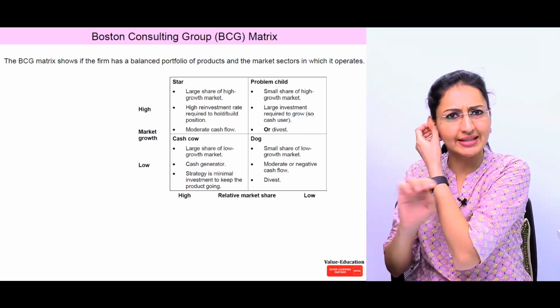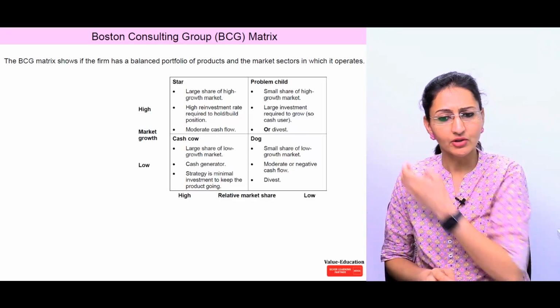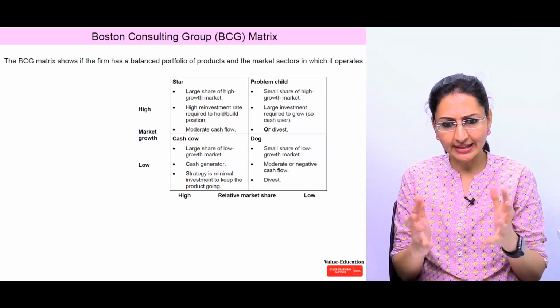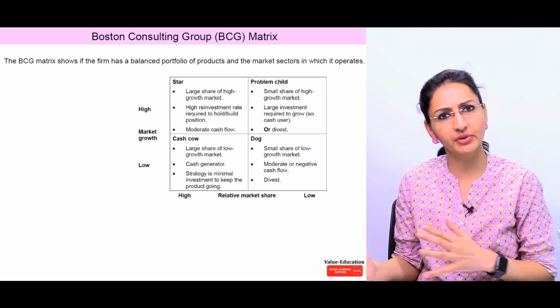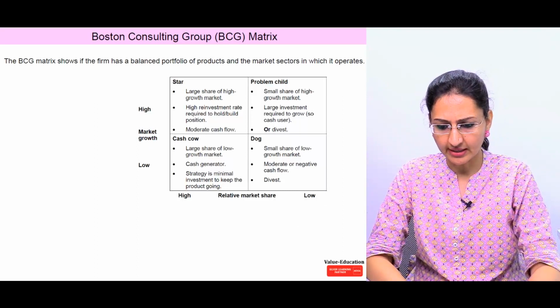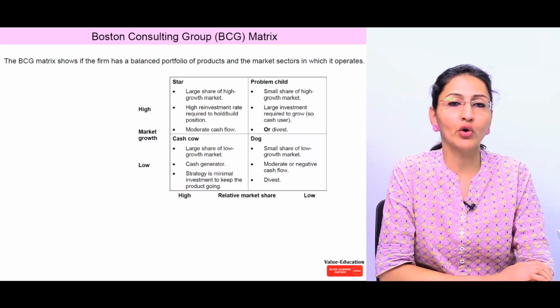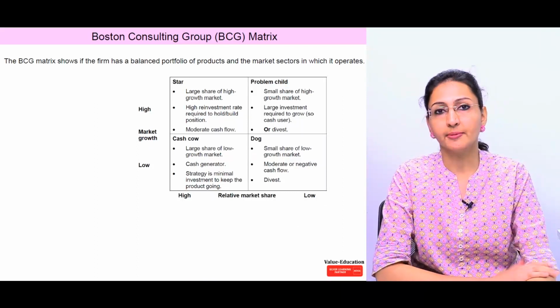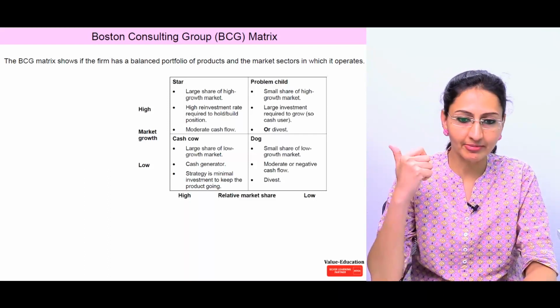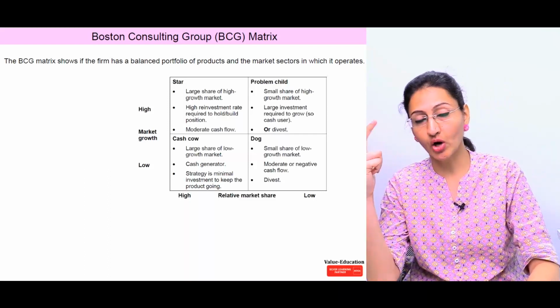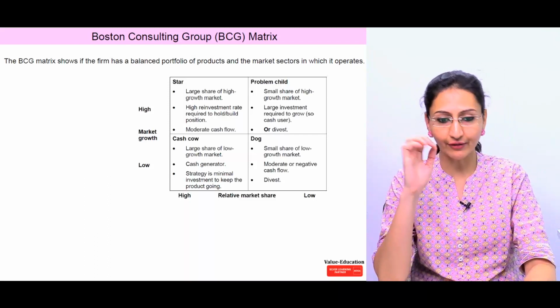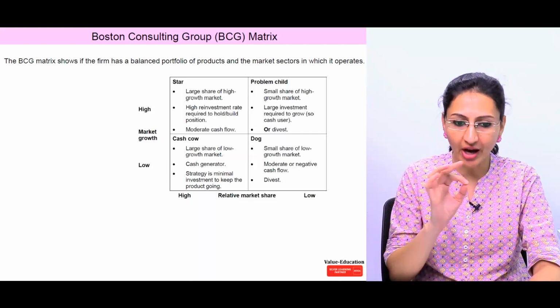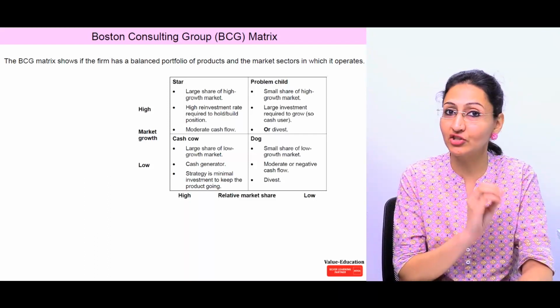This matrix looks like this. There are 4 categories here. I have taken this screenshot of this matrix from the study text itself. It takes care of 4 different quadrants here. It talks about a star, a problem child, a dog and a cash cow. These are 4 different quadrants which are defined by the BCG matrix.